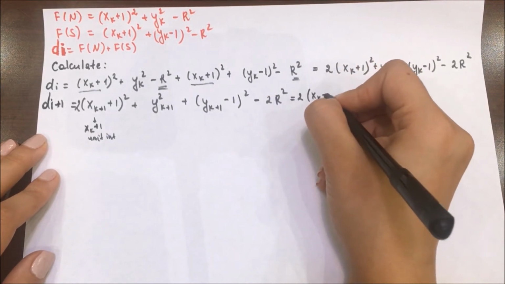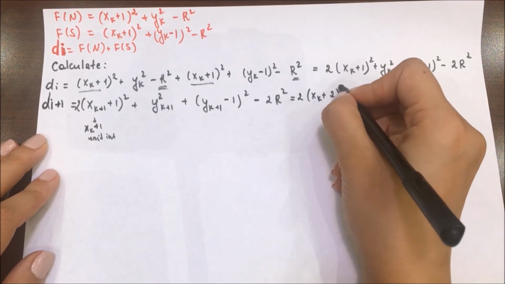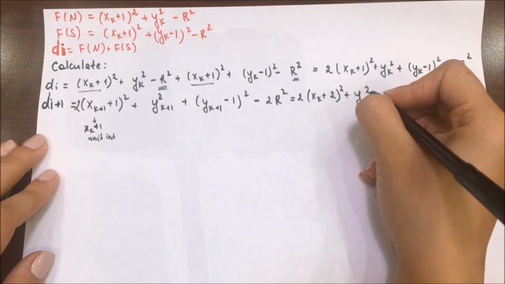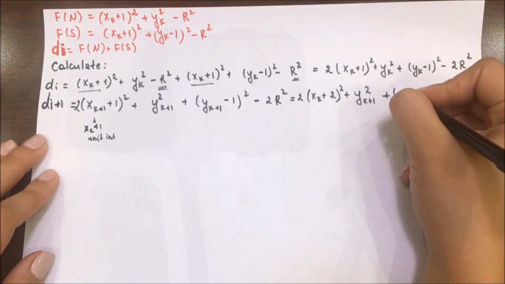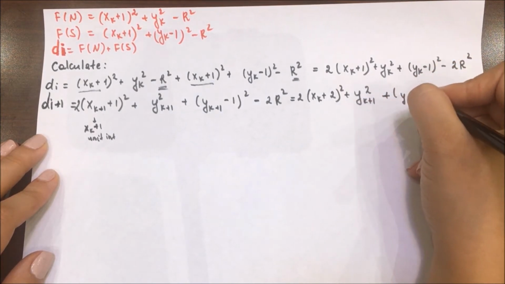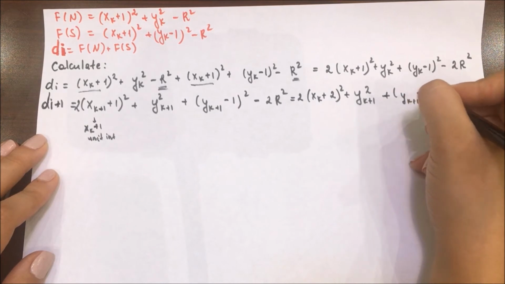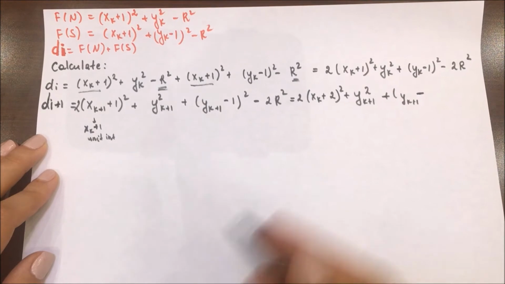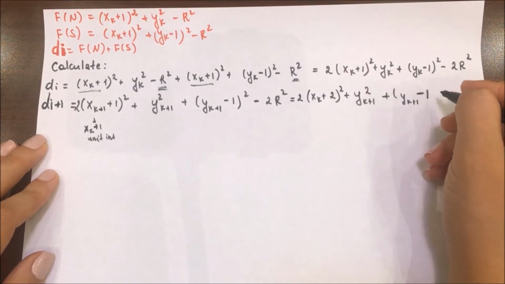After simplification, we will get for the next decision parameter 2(xk plus 2) square plus (yk plus 1) square plus (yk plus 1 minus 1) square minus 2r square.